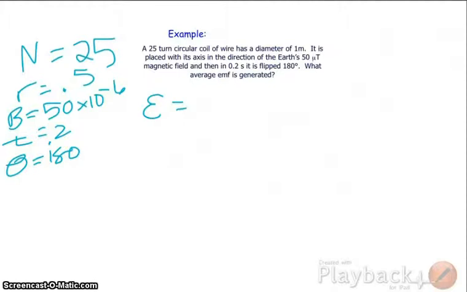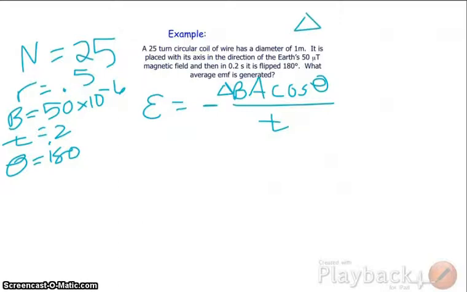So we're using our other flux equation, which is negative BA cosine theta over T. Now, because we're looking for the change, B doesn't change, A doesn't change. The only thing that changes is cosine theta. So you get the change of cosine theta. So it's cosine of 180 minus cosine of 0.